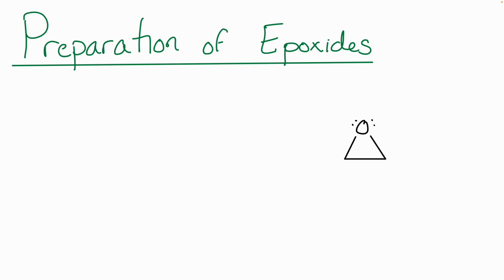This can be prepared from an alkene. So we can convert alkenes into epoxides. And there are 2 ways to do it that are both perfectly equivalent. They'll always give you the same product.